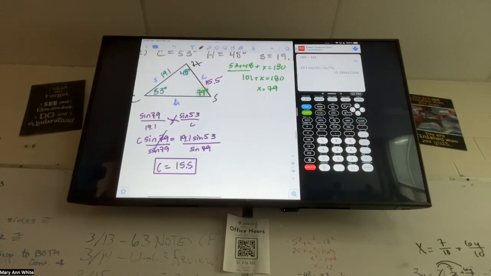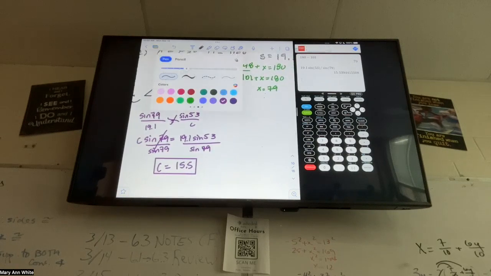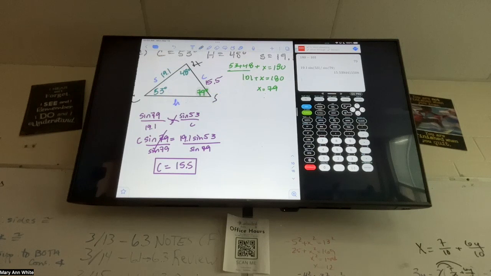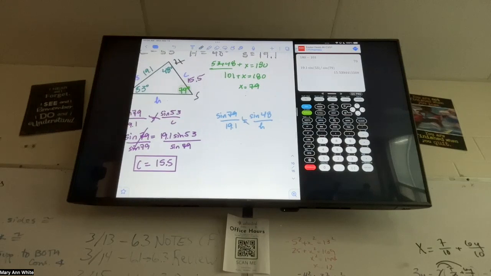All right, somebody else help me find little h. Sine 79 over 19.1 equals sine of 48. Perfect. Now you then said sine 48 over little h, good. Cross multiply.